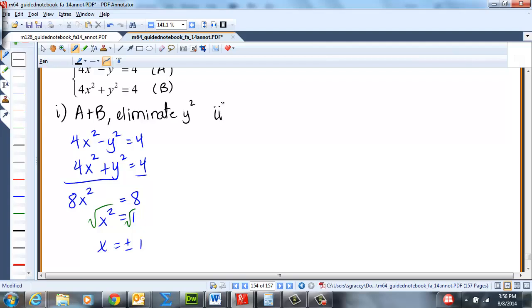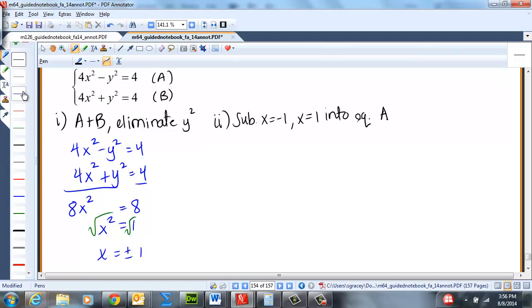So now if you go over here and you substitute x equals negative 1 and x equals 1 into equation, probably A, it doesn't really matter, then the equation is 4x squared minus y squared is 4. So we'll have 4 times negative 1 squared minus y squared is 4.